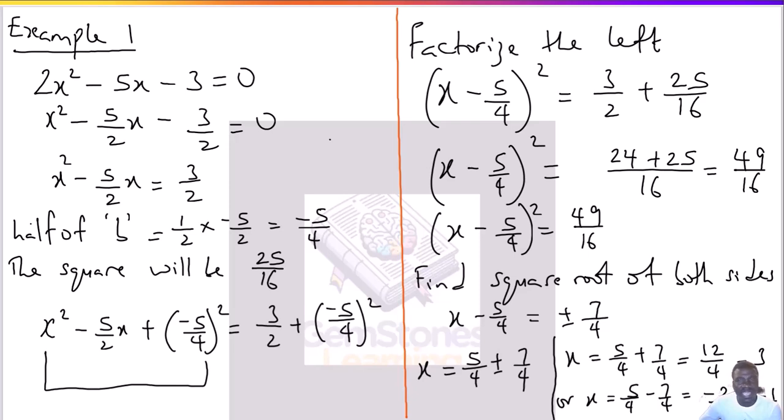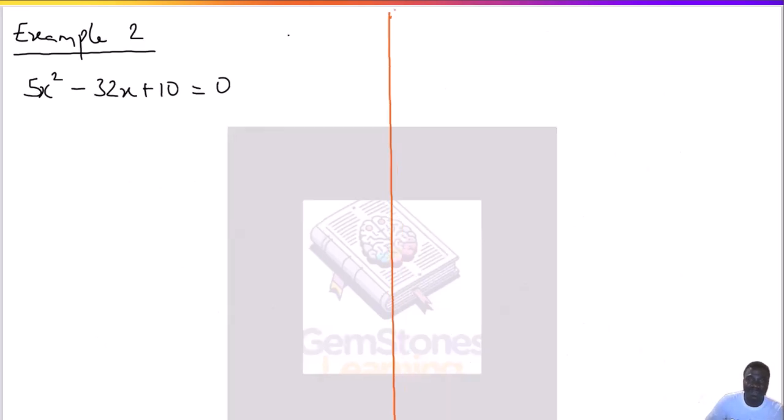Let's see another example under the completing the square method. So the next example, we have 5x squared minus 32x plus 10 is equal to 0. Any question you cannot solve using the factorization method, the completing the square method will definitely solve it for you. First, divide all through by the coefficient of x squared, which is 5.